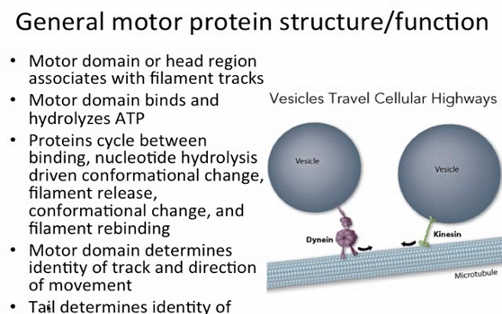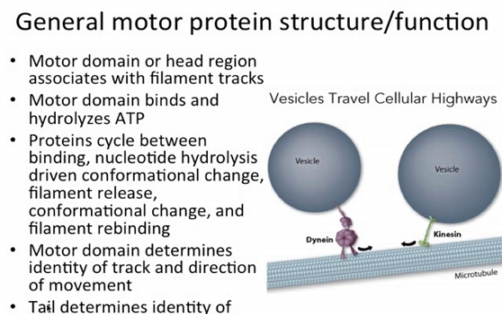Proteins are going to cycle between binding, nucleotide hydrolysis, some kind of conformational change that's driven by nucleotide hydrolysis, meaning ATP hydrolysis, then filament release, in this case from the microtubule, another conformational change, and then binding again. And it results in this walking. And I have a nice video to show you.